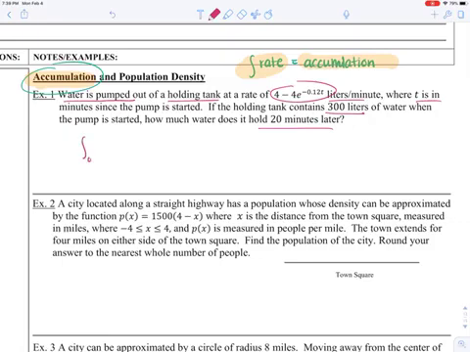So the integral from 0 to 20 of my rate, 4 minus 4e to the negative 0.12t dt, should be equal to the water at 20 minus the water at 0. This is a first FTC reference. When I take an integral of a rate, I should get my amount at 20 minus my amount at 0.